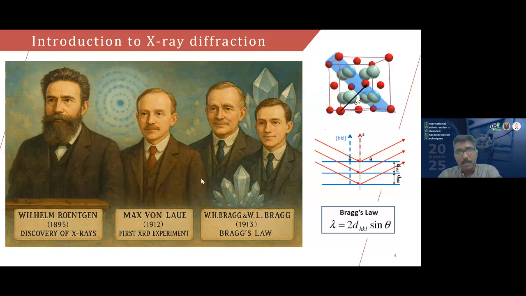When we talk about the evolution of X-ray diffraction, first of all, the powder diffraction method was developed for studying polycrystalline thin films, which consist of many crystallites that are randomly oriented.